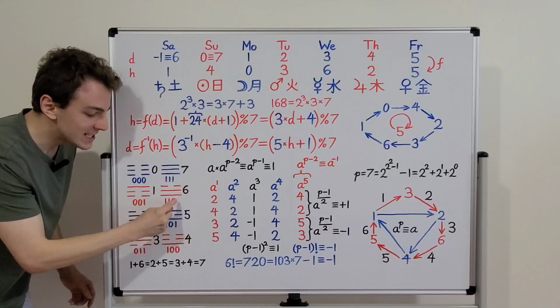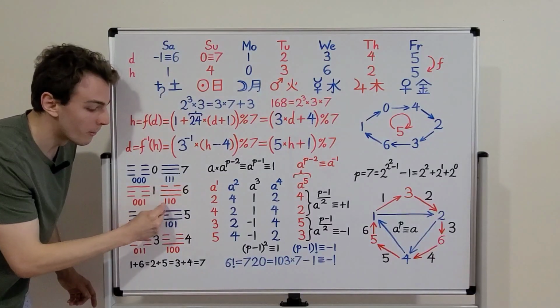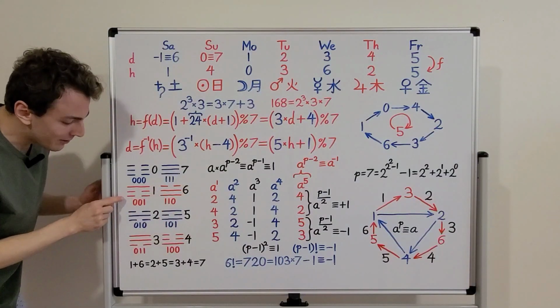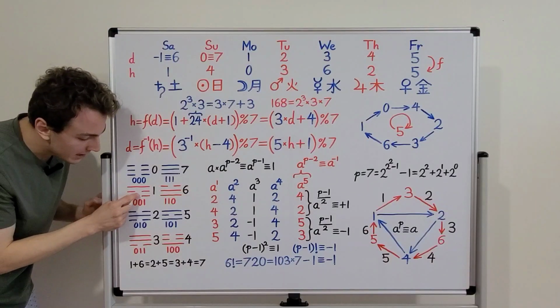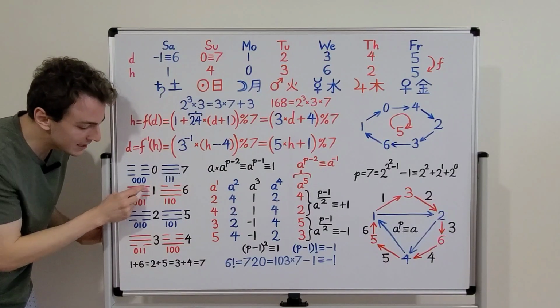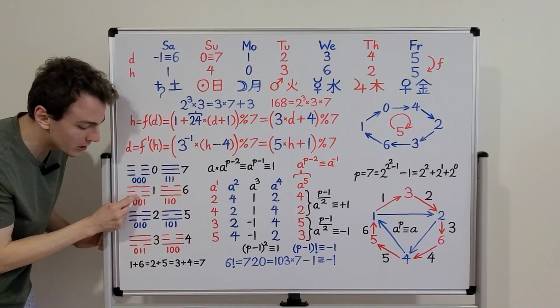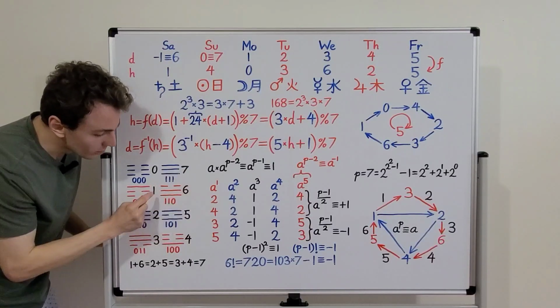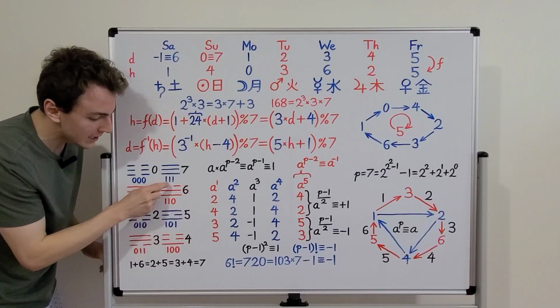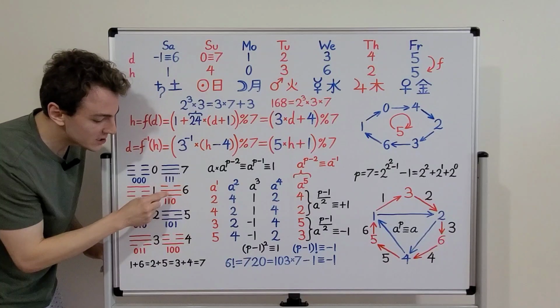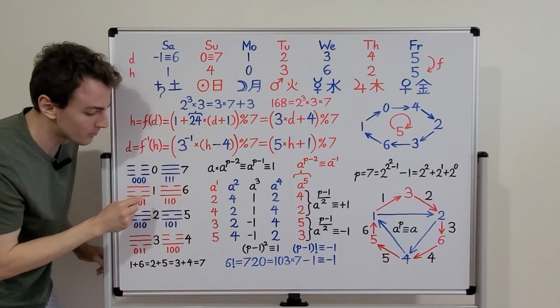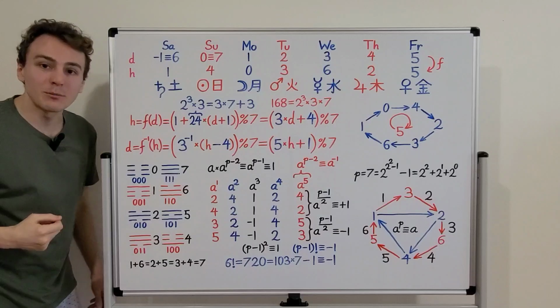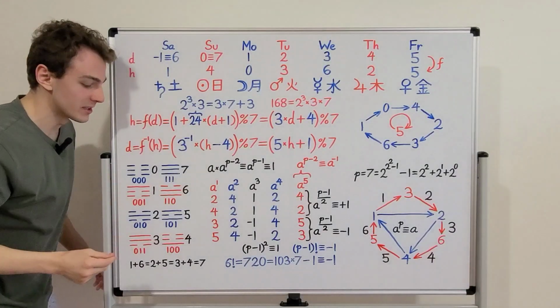And that is the additive inverse mod 7. And have a look at the trigrams. Here you can see a gap, another gap, and then a full line. So that can be interpreted as 0, 0, 1. And for 6, we have a full horizontal line, another full horizontal line, and then over here we have a gap. So that is 1, 1, 0. So 1 and 6 are examples of additive inverses.